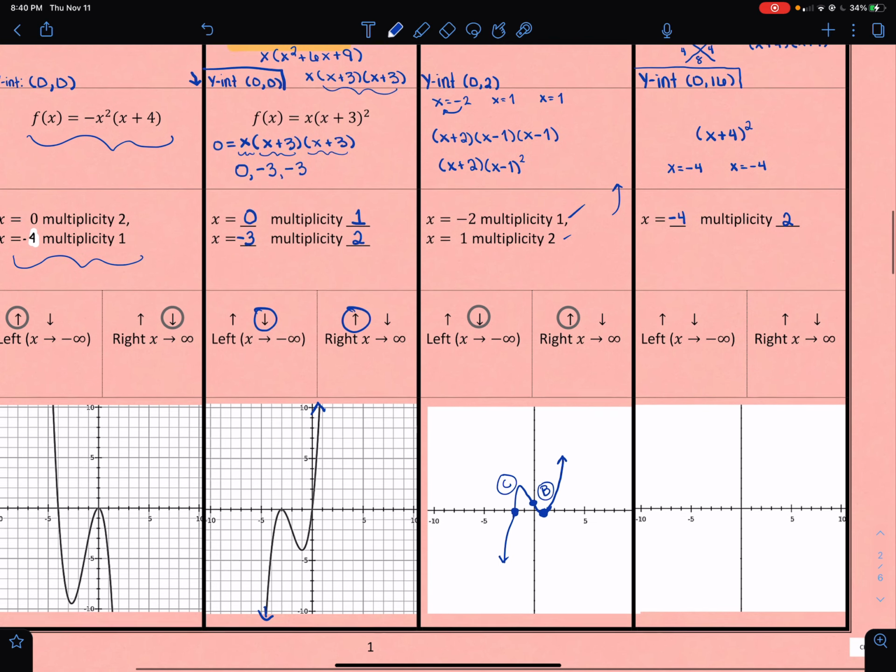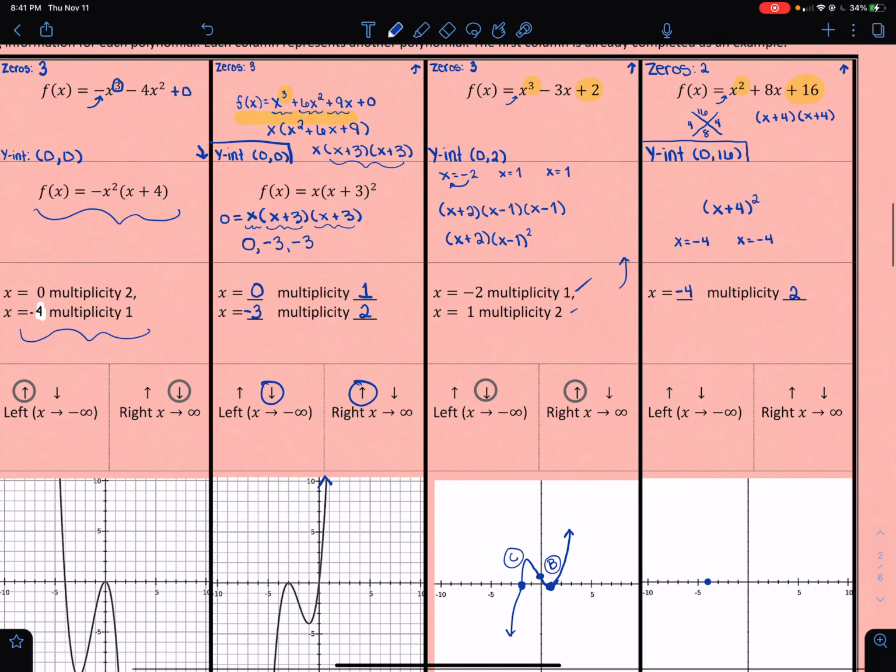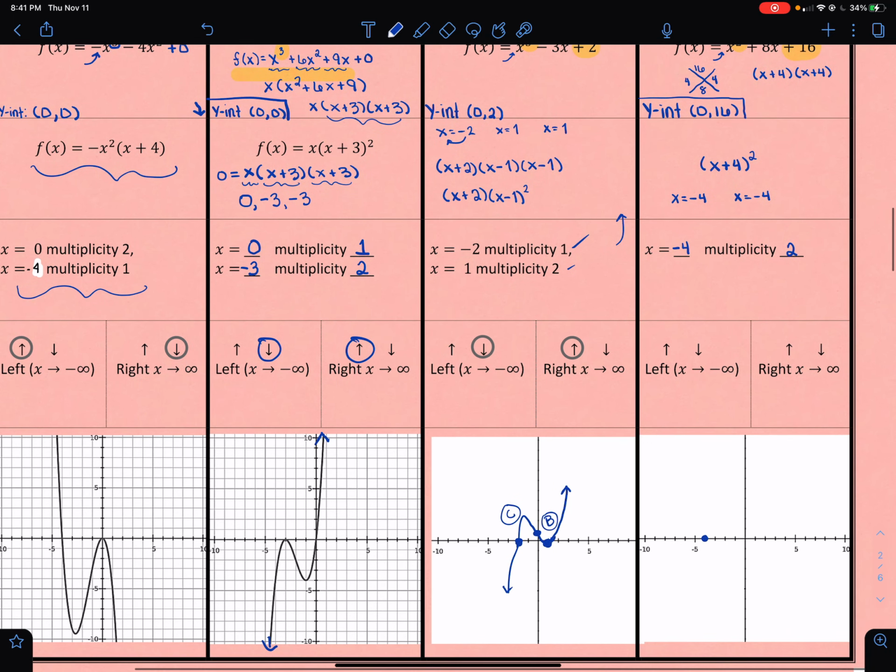All right. Last one on this page. Okay, this one here, we have that the only x-intercept is at -4. Okay. The a value is positive, so we said that the right side is going to open up.